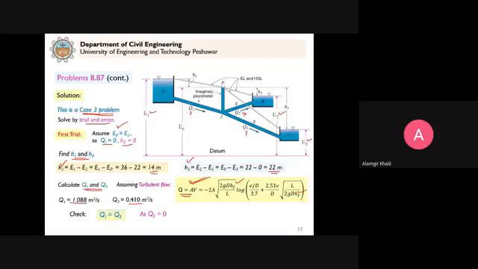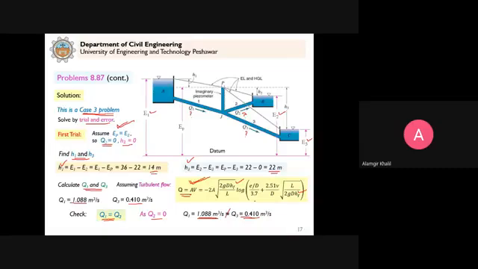Now we check. Because Q2 is 0 as we assumed EP equal to E2, we apply a check that Q1 should be equal to Q3. What we calculated for Q1 comes out to be 1.088 and Q3 comes out to be 0.4. So this is not the same.